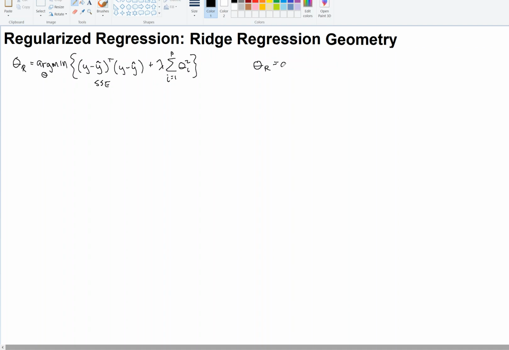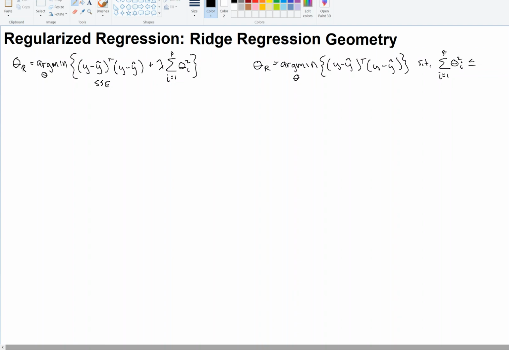There's a second equivalent way of representing this problem. It's called the dual, and it goes like this. We could alternatively say that we're going to minimize just the sum squared error, I need the transpose on the outside there, subject to, or I'll just put ST, not letting the sum of the square of the components get too large.